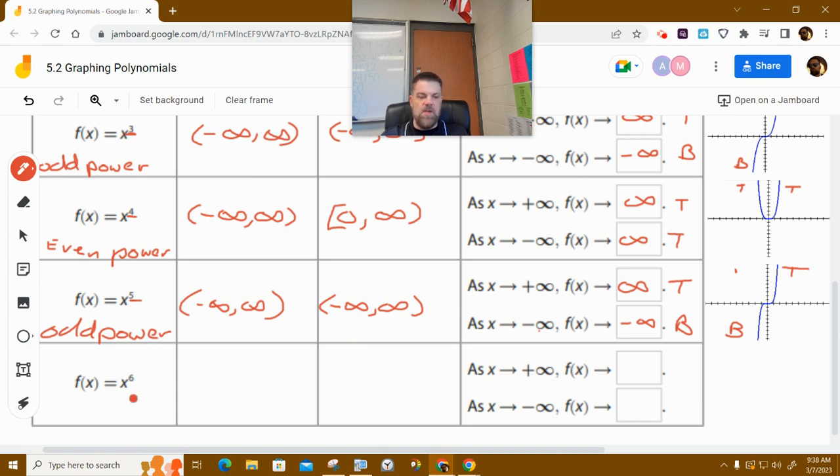Okay. So the next one is going to be x to the 6th power. That is an even power. So how do you think that graph will look? It'll look like a U. All right. Well, not 0. You're talking about the range, right? My bad.